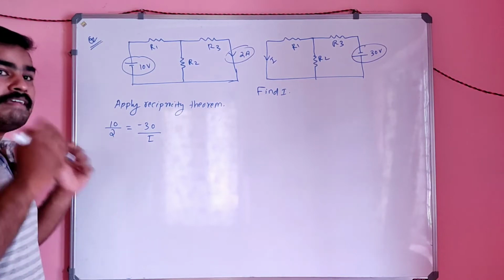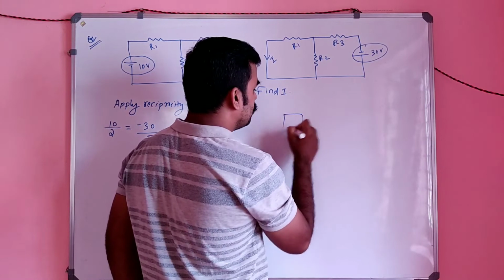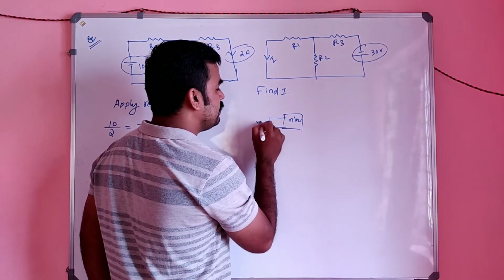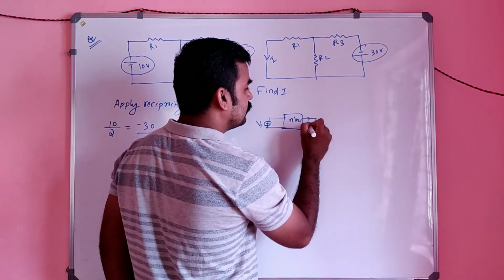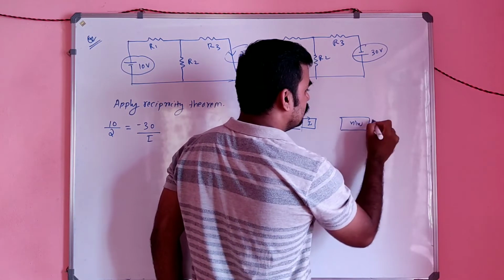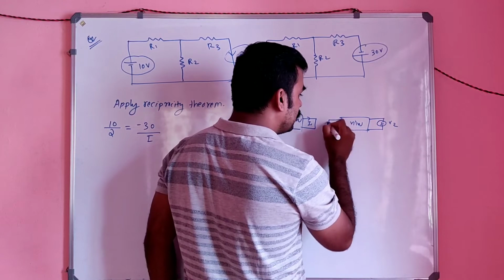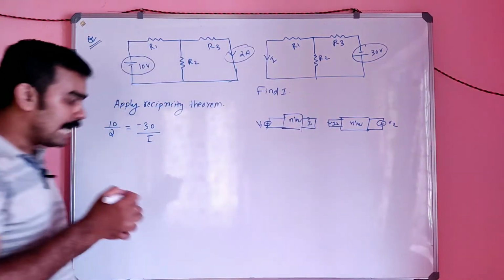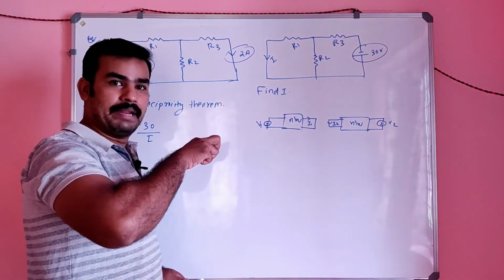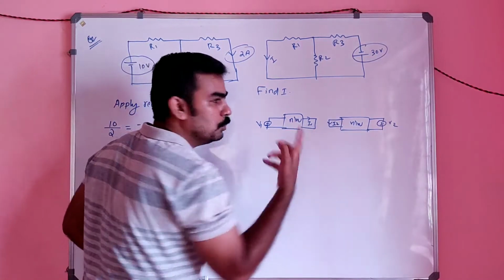Because you always have to compare with the standard circuit. What I said for the standard circuit: if it is a network and this is V1 and this is I1, and if it is a network, this is V2 and this is I2, right? This is I2. So for this standard circuit, I explained the reciprocity theorem: V1 by I1 equals V2 by I2.